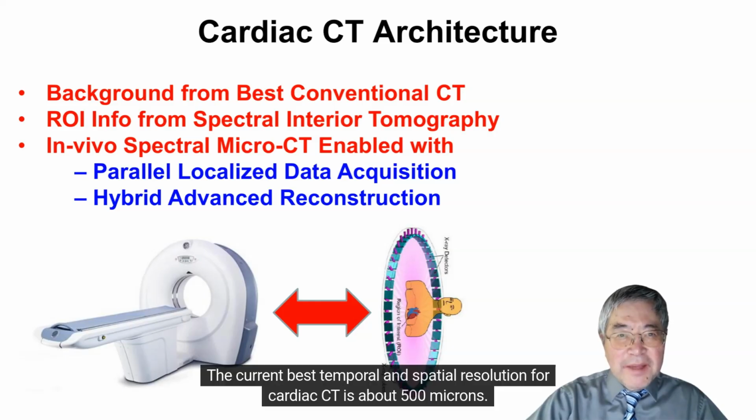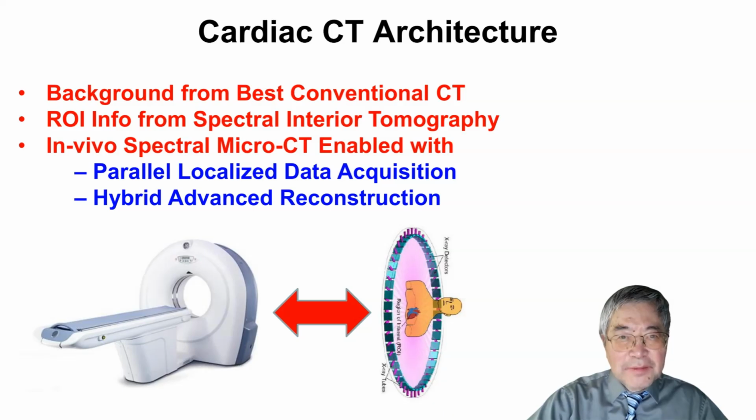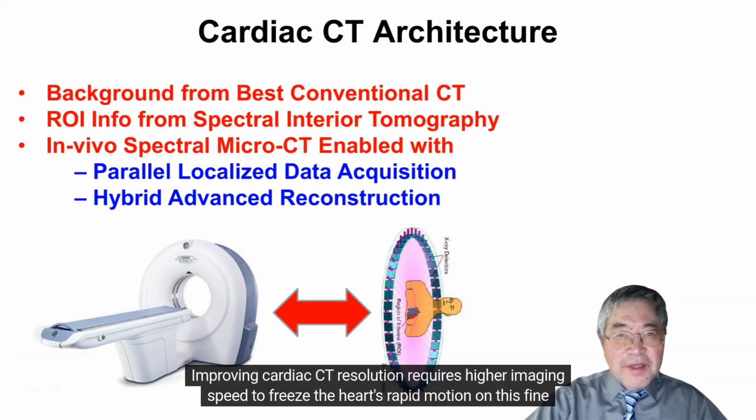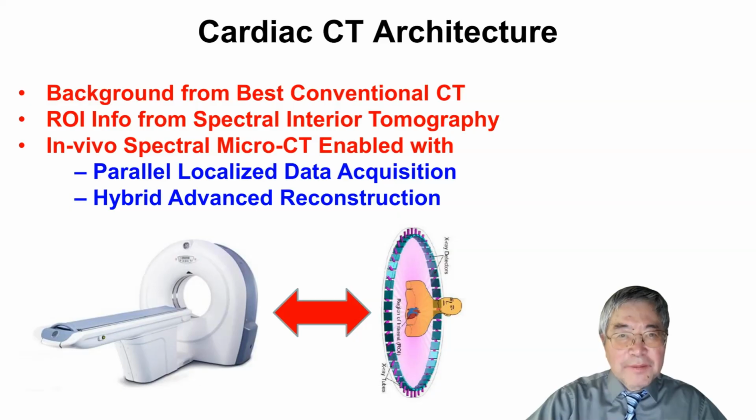The current best temporal and spatial resolution for cardiac CT is about 500 microns. But according to cardiac surgeons I know, 100 micron resolution would solve many clinical challenges.